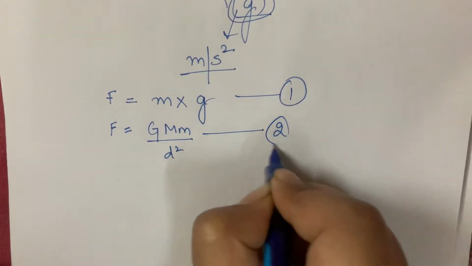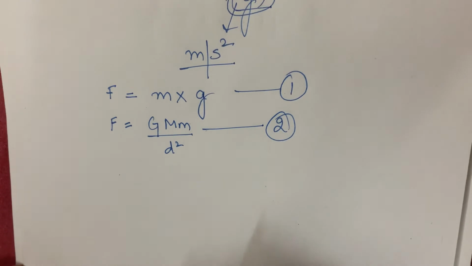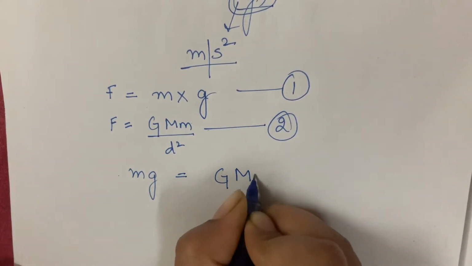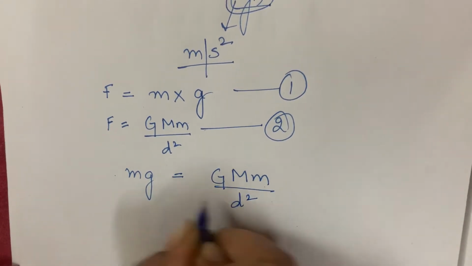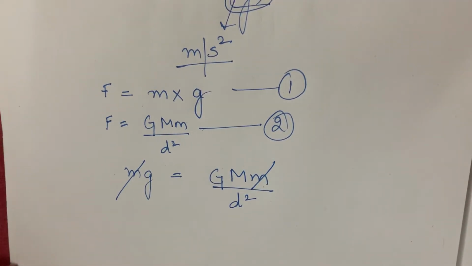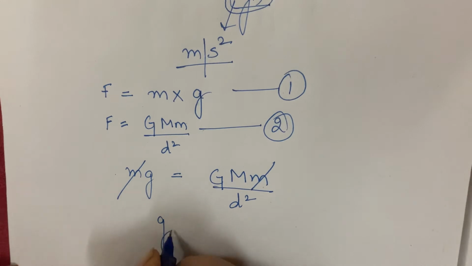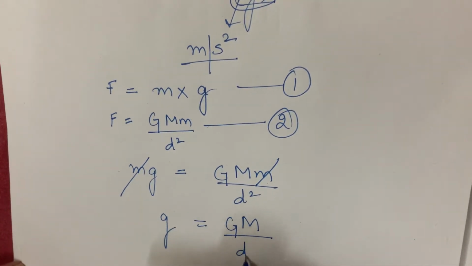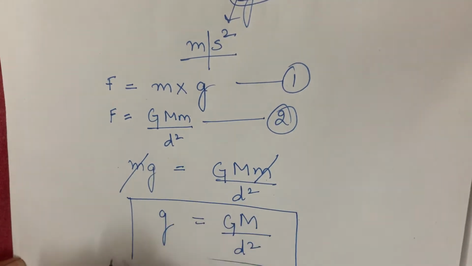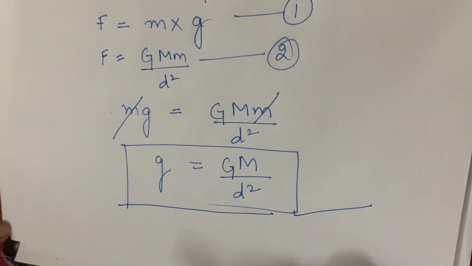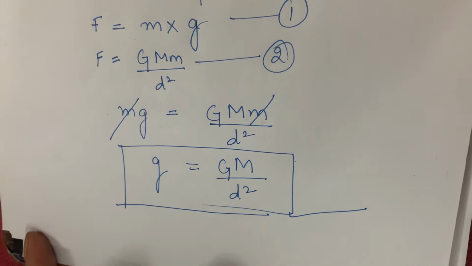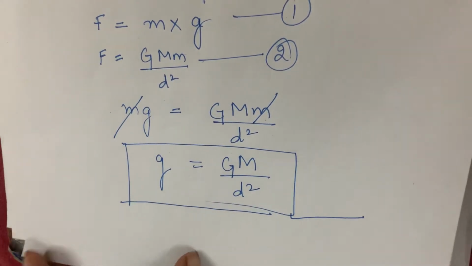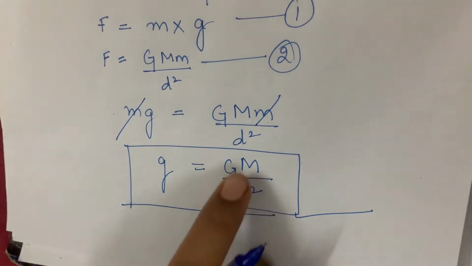This is equation number 2. By combining these equations, you will get m g equals G M m upon d square. The small m cancels out, so the value of g will come out to be G M upon d square, where capital M is the mass of earth.